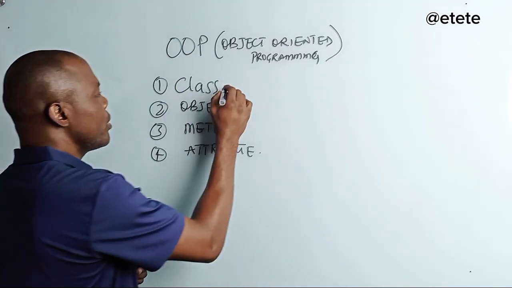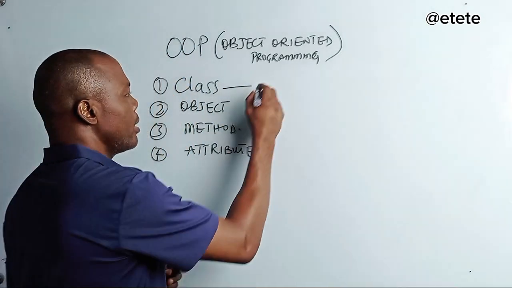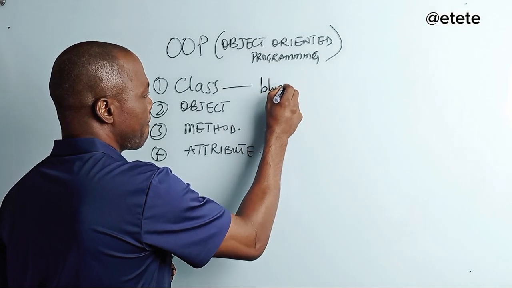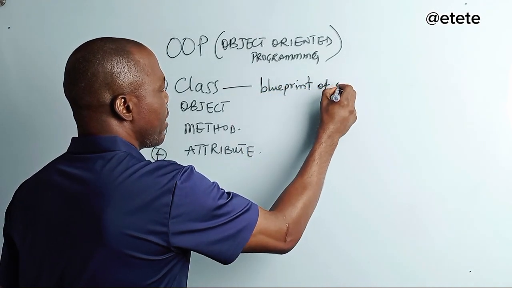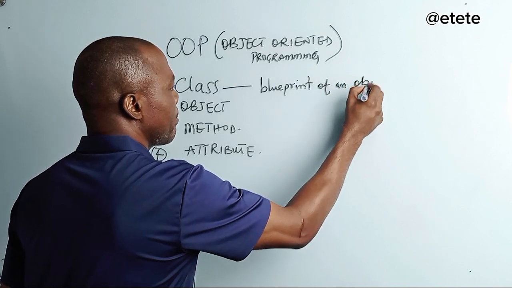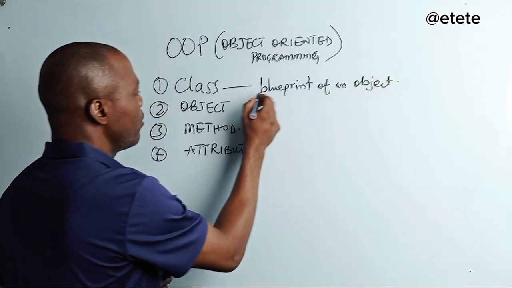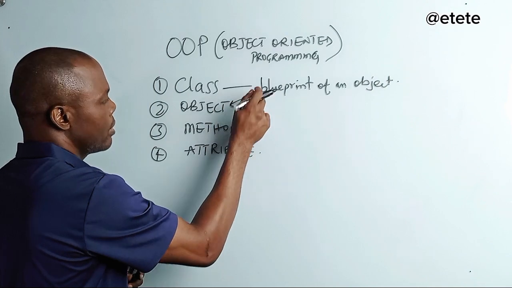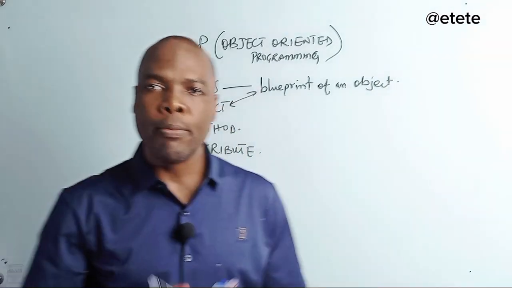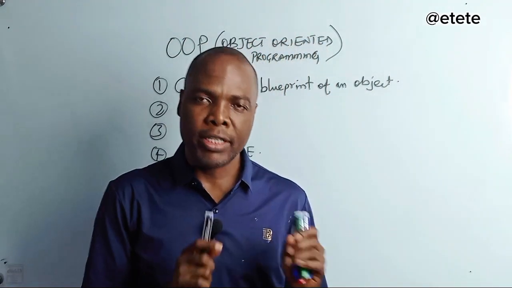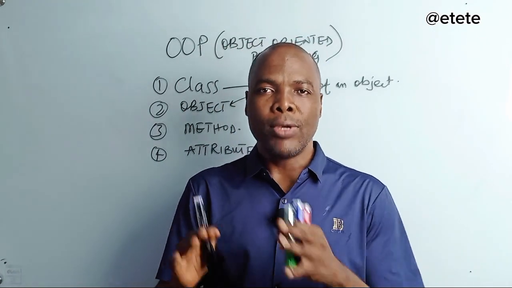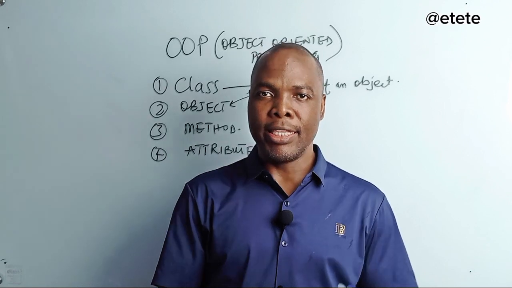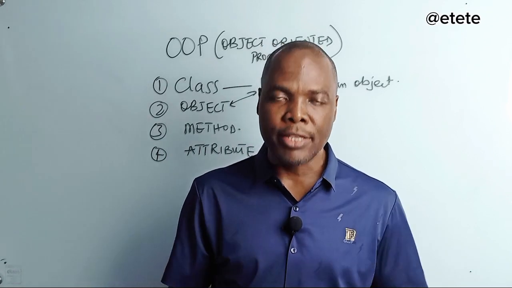Now, the first one, what is it? This is a blueprint of an object. What do I mean by a blueprint? Let's take, for example, you want to build a house. An architect will have to design the blueprint, that is the architectural design.